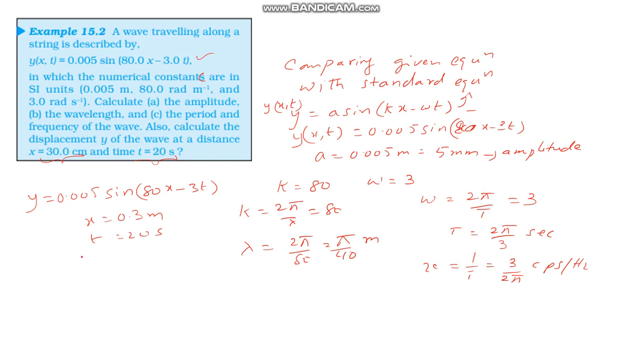So your answer will be y is equal to 0.005 sine (80 into 0.3 minus 3 into 20). Once you solve this, you get the value of y. So this is the approach you have to adopt.